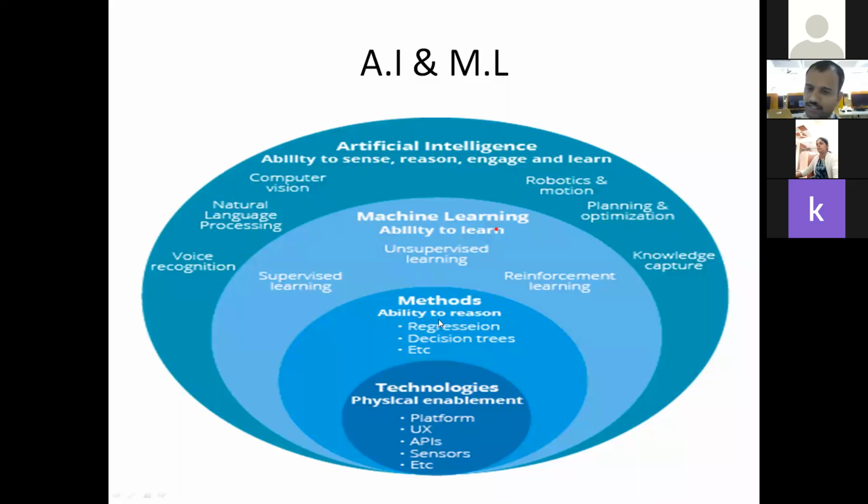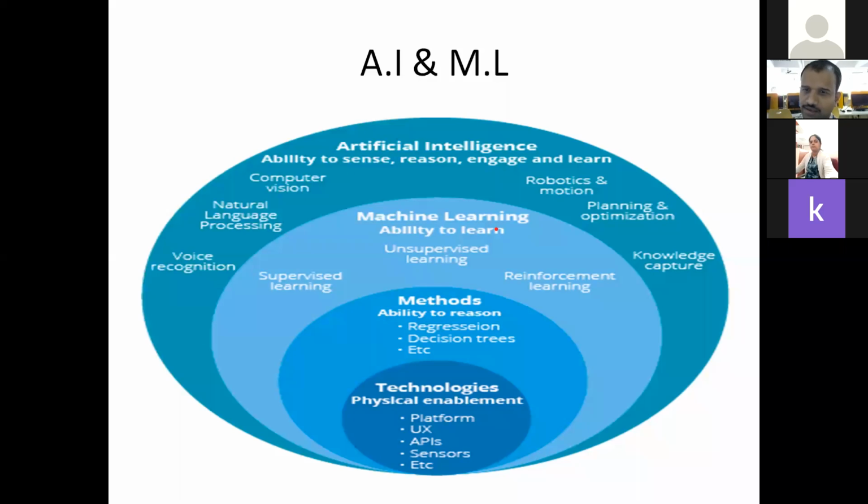For the ability to learn, we will be applying these three: supervised, unsupervised learning, and reinforcement learning. For the ability to reason, we will be studying regression and decision trees. For physical enablement, we go across a lot of various platforms, UX, APIs, and suchlike.